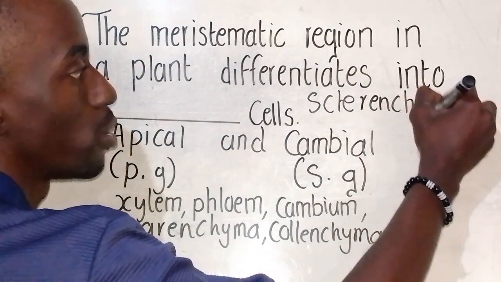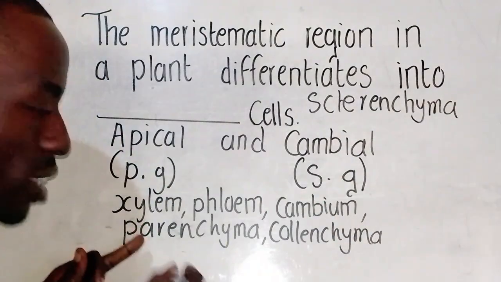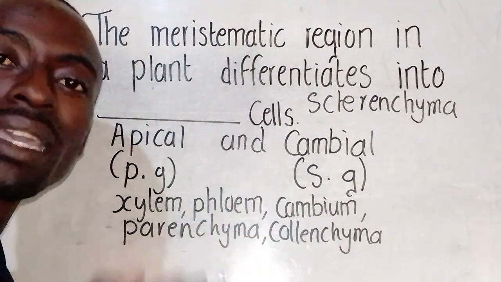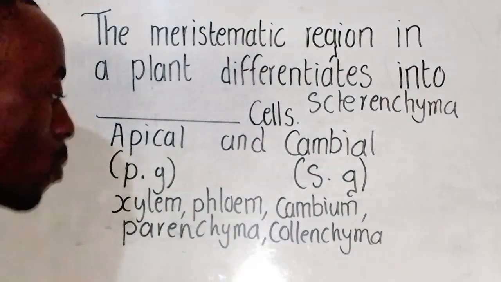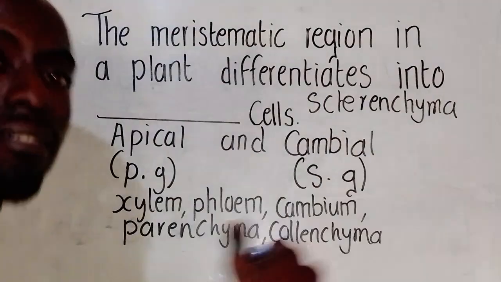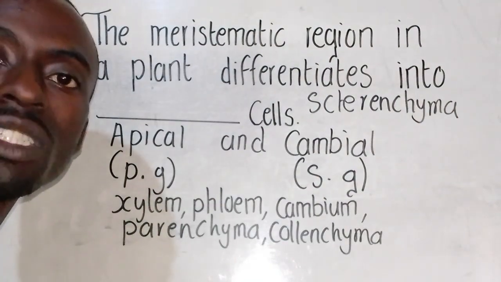I hope you are able to see. So these three, xylem, phloem, and the cambium, make up the vascular bundle, while parenchyma, collenchyma, and sclerenchyma make up the ground tissue.